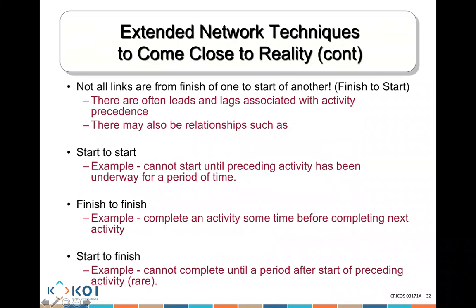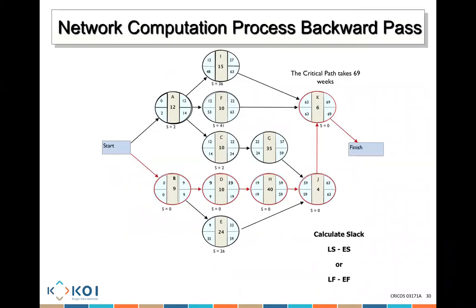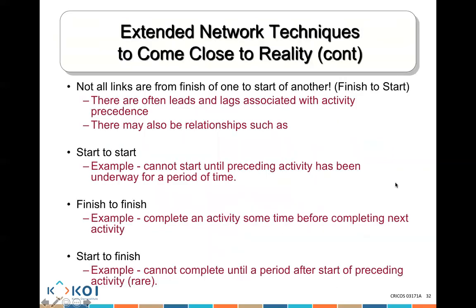Now, I just want you to know there is more than one type of activity relationship. Here I'm showing you what we call finish to start, because this activity must be finished before the next one can start. This is what we call a finish to start relationship. There are many other relationships to bear in mind.